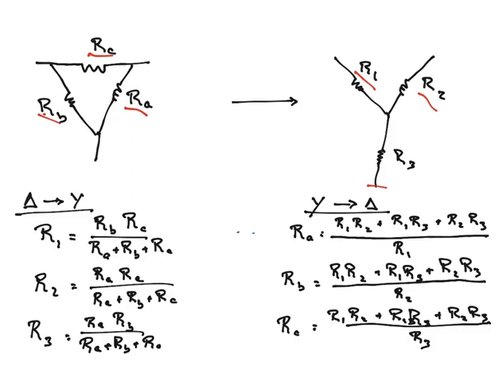Different going from Y to delta. For Y to delta, the numerator is the sum of all the different pairs of resistors you can have. In this case, there's 3 pairs. And you divide that by the resistor associated with the one you're trying to find. So if you want RB, you divide it by R2.